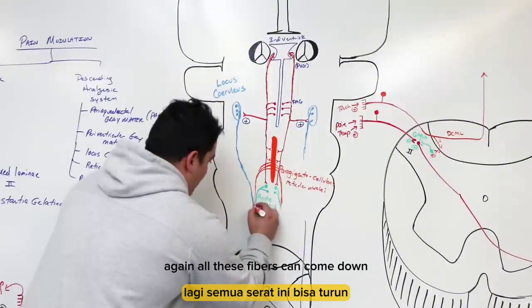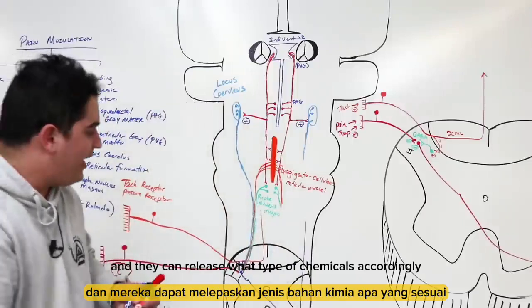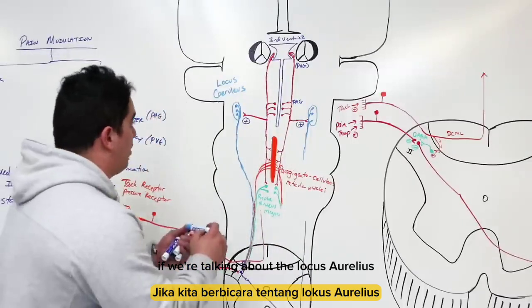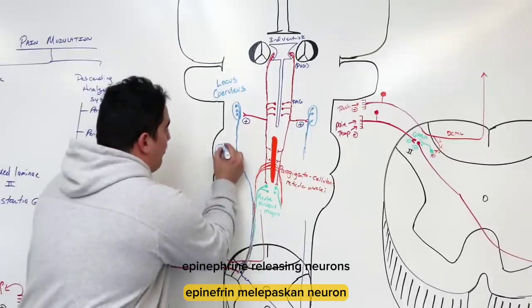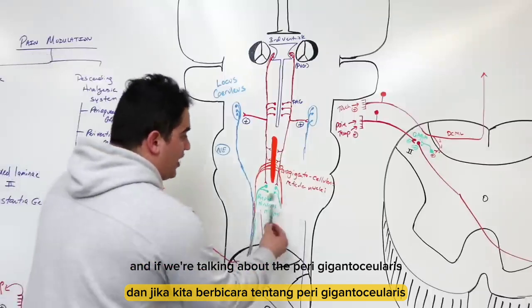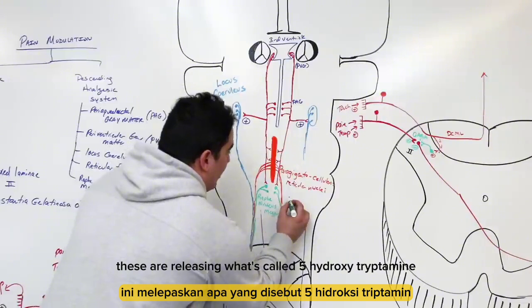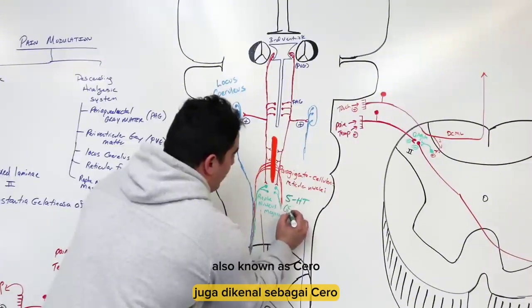So again, all these fibers can come down and synapse right down there. And they can release what type of chemicals? Accordingly, if we're talking about the locus coeruleus, this is going to be norepinephrine-releasing neurons. And if we're talking about the paragigantocellularis and the raphe nucleus magnus, these are releasing what's called 5-hydroxytryptamine, also known as serotonin.